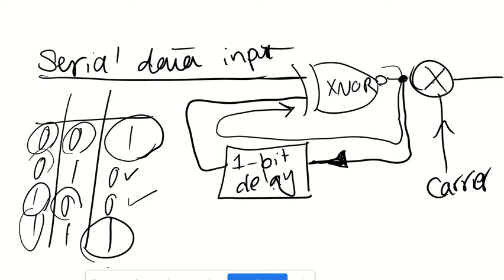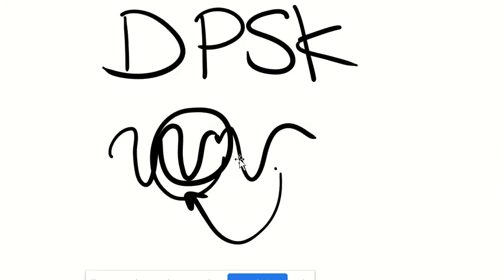When you have a 1-bit delay, your new input will be compared to the old input. Because it's exclusive NOR, if they are the same your output is 1, and if they are not the same your output is 0. That's the basic function of DPSK. Every bit will be compared to the previous bit. That's the idea.